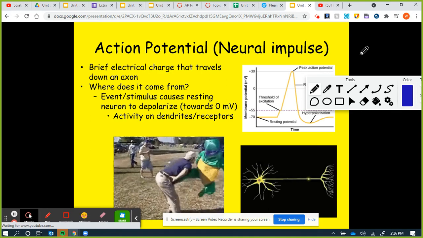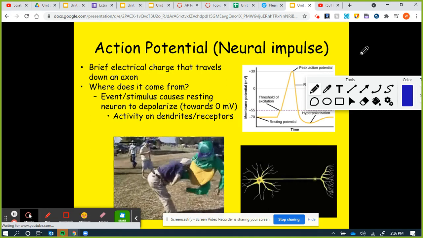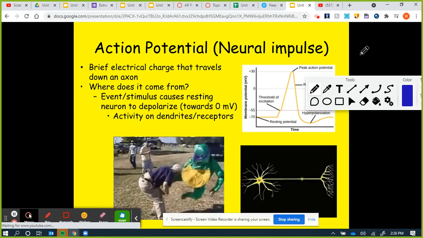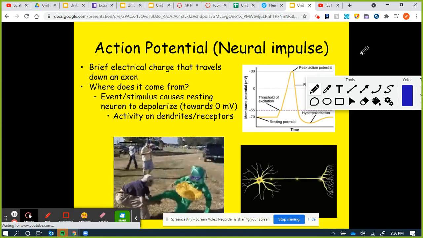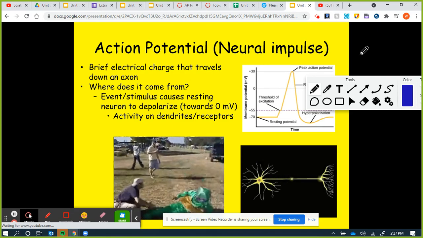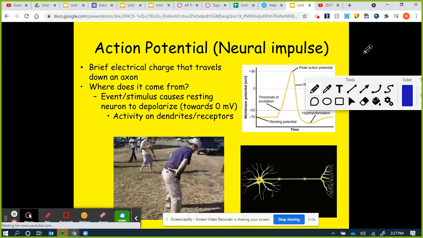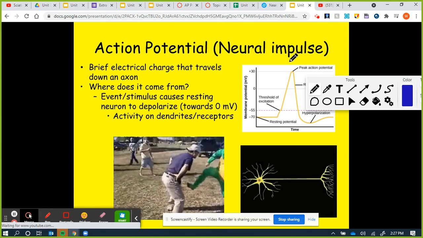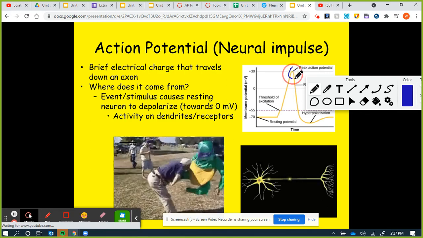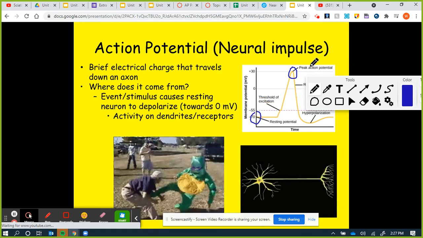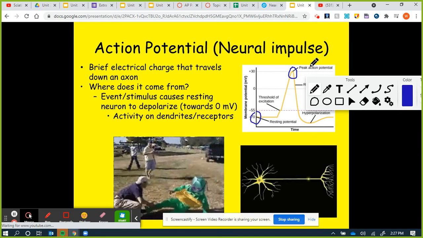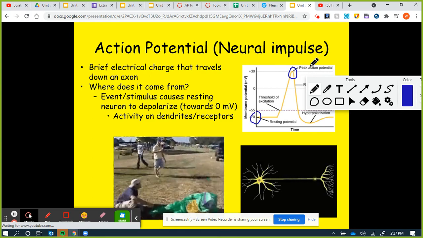This event, whatever it is that these neurons are reacting to, causes, when there is an action potential, that electrical signal to travel down the length of the axon, and it makes the neuron go from negative 70 millivolts at resting potential to around positive 30 millivolts at action potential.